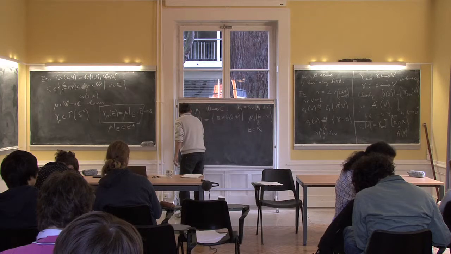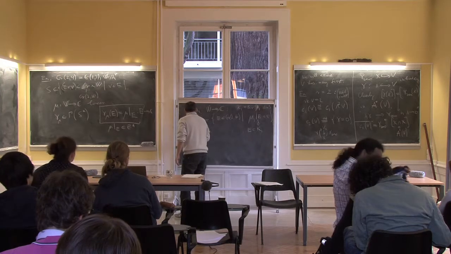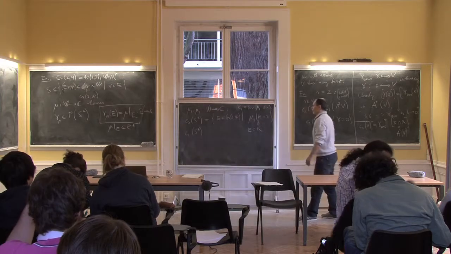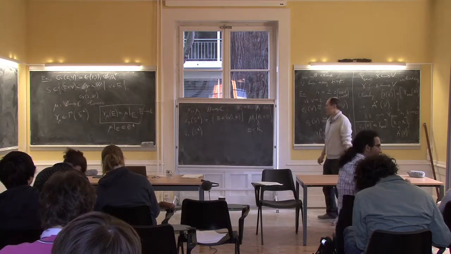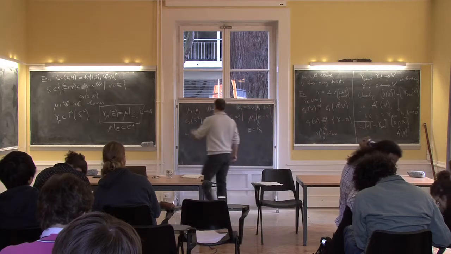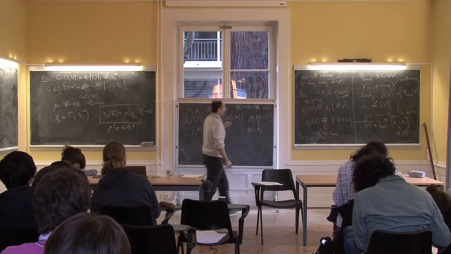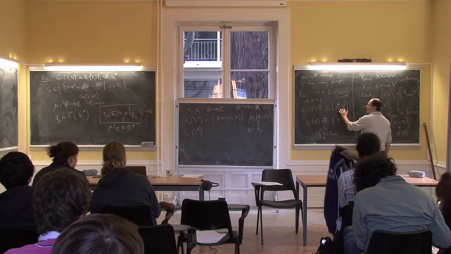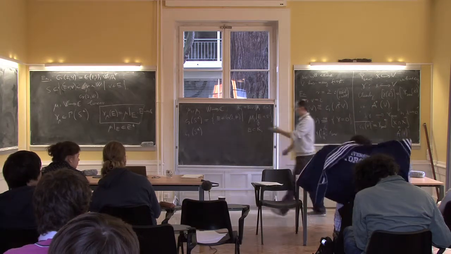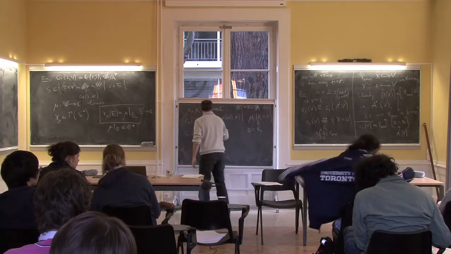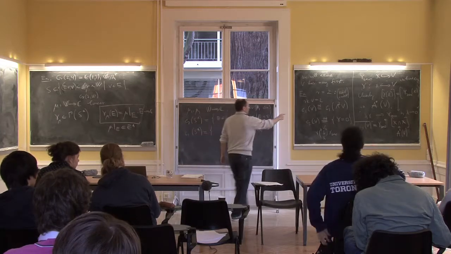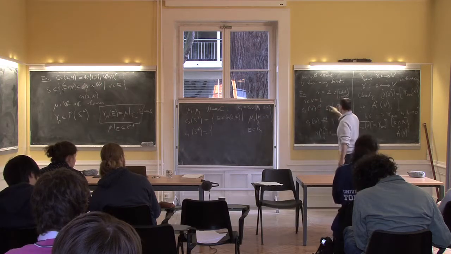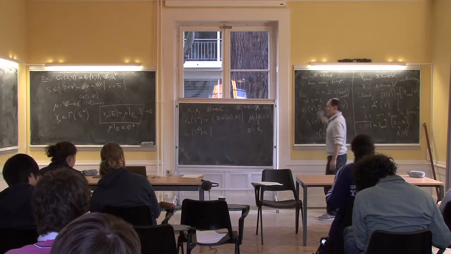Now, what about C1 of S star? Now we just need two sections, that's why I needed two sections. Now I have to take a section of wedge 2 of V and take its zeros. So I'll take this line bundle. I want to construct a section of this line bundle and check where the zeros of this section are.